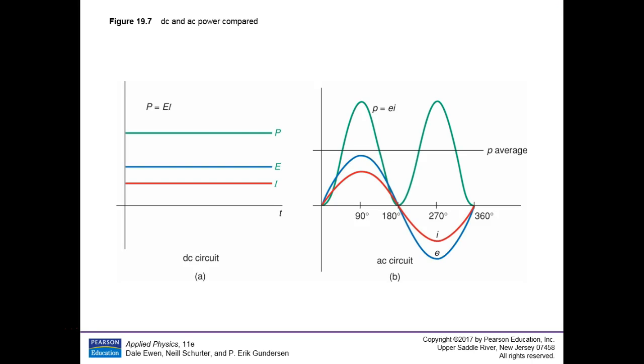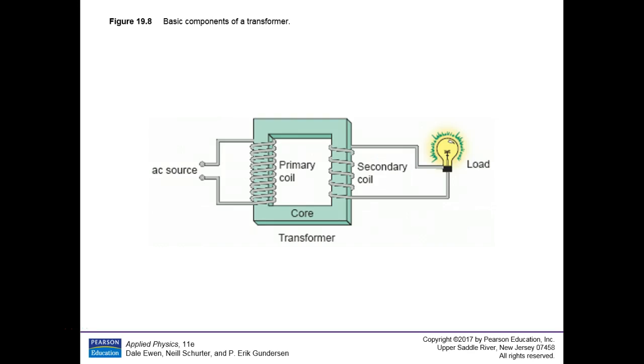That's your average power, P average. And again, capital P was with DC, small i and small p and small e are your instantaneous, but then they keep the average power as a small p here too. Don't know why, but they do. Okay, there's your transformer. Okay, it's transforming an incoming voltage to an outcoming voltage.